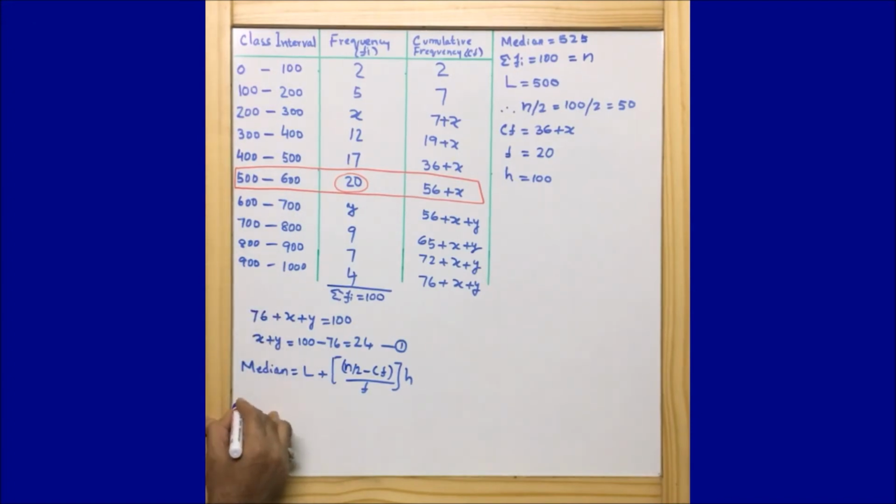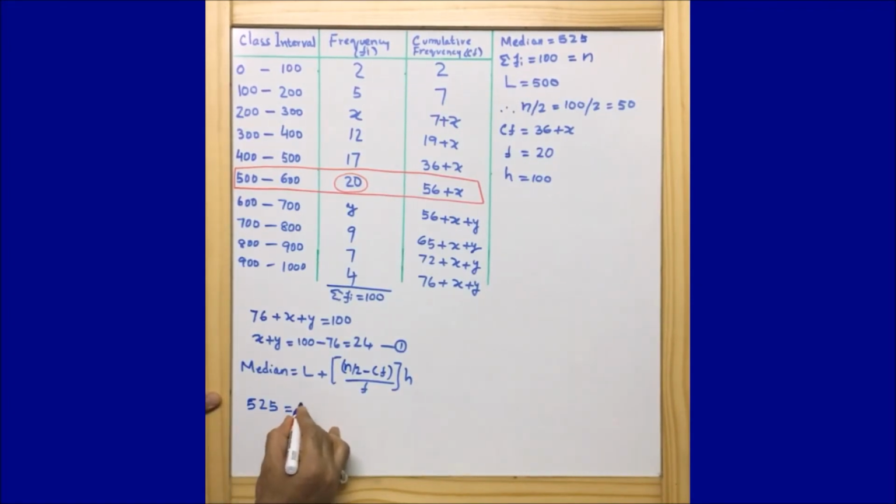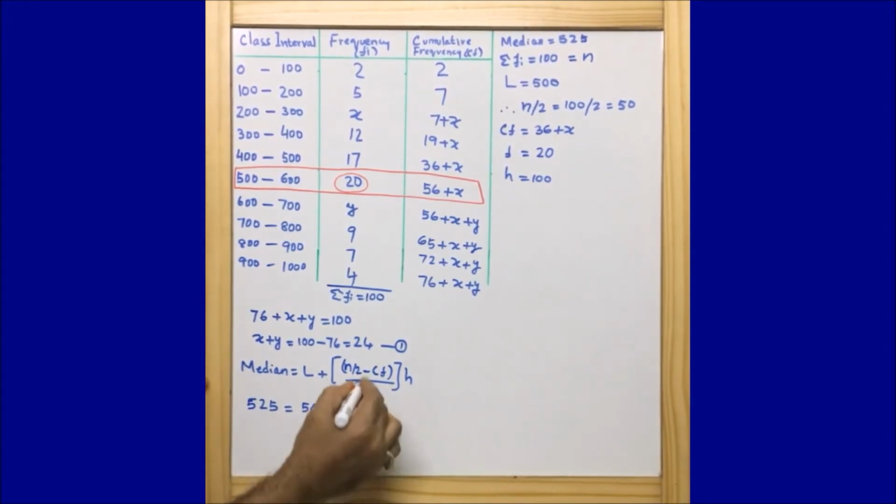I can write median is equal to now. Median we know 525. 525 is equal to lower limit as 500 plus n by 2 as 50 minus CF.